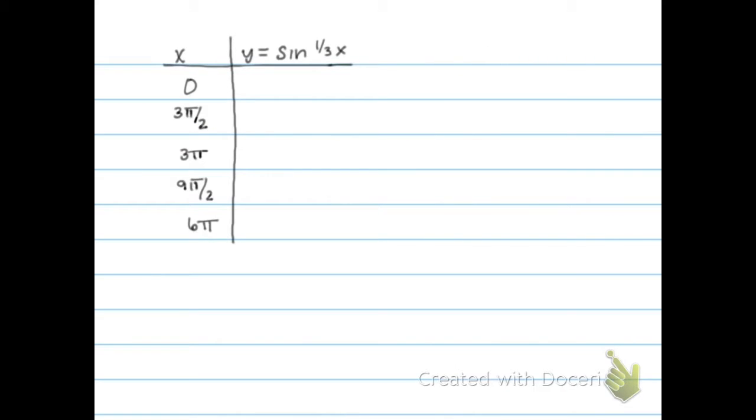All right, so I create a t-table for those values, and I am going to substitute those values in for x in my function. So I have sine of 1/3 times 0. So that is the sine of 0, and I know that the sine of 0 is 0. All right, the sine of 1/3 times 3 pi over 2.